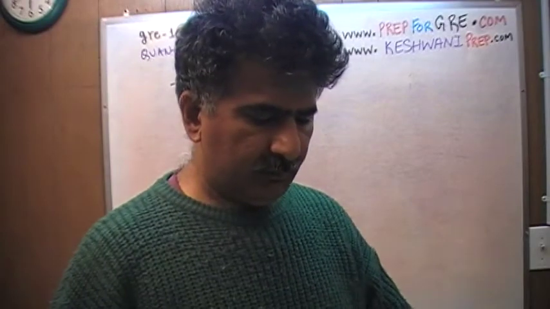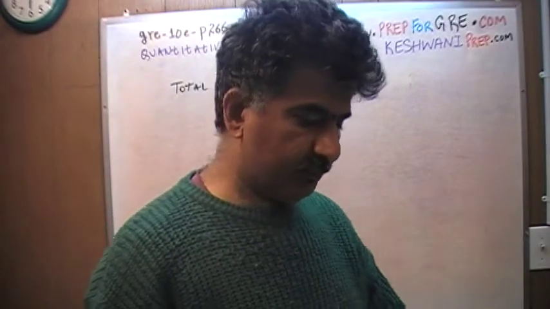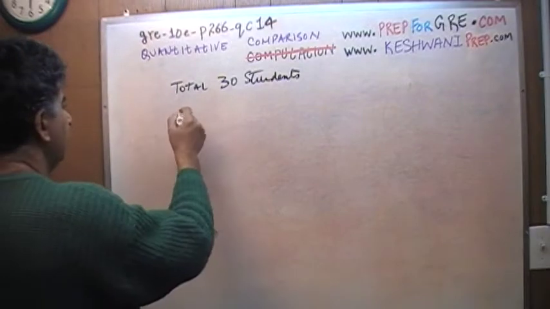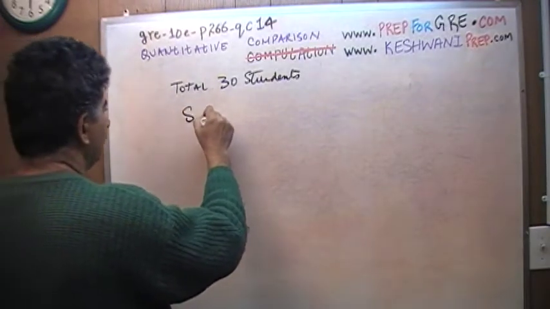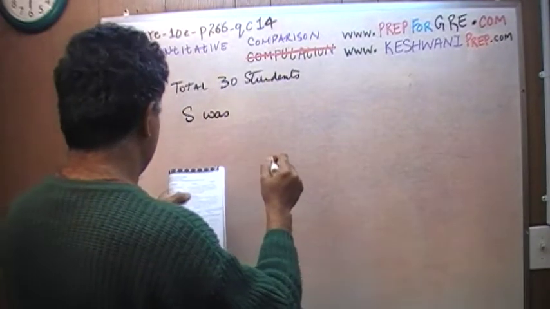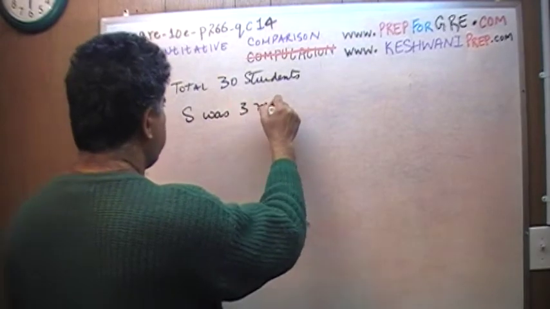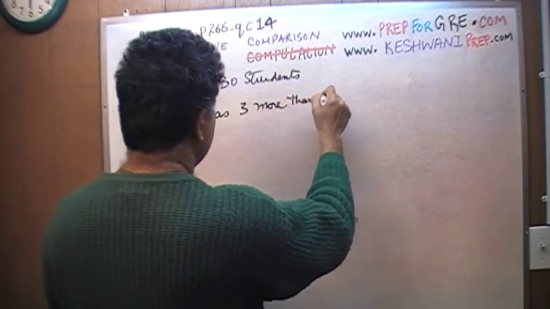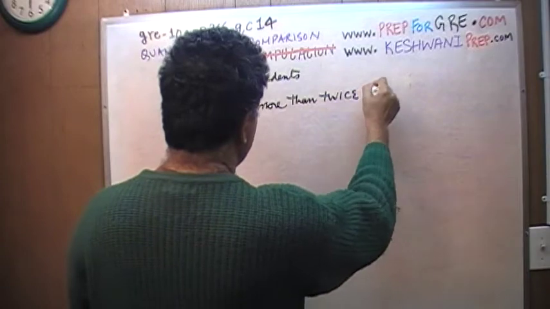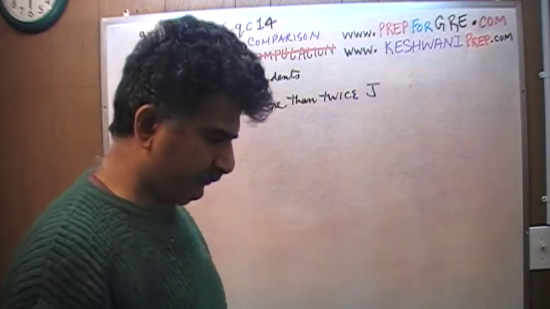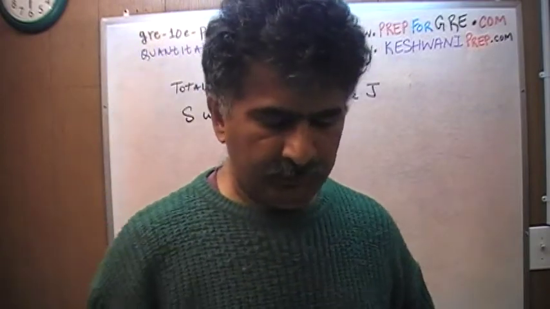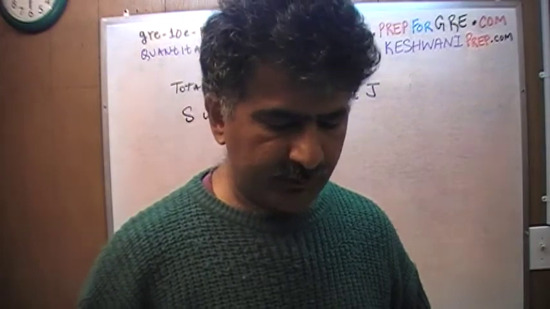The number of seniors was 3 more than twice the number of juniors. So there you go. Now we're getting into the nitty-gritty. Number of seniors was 3 more than twice juniors. And then I'm also told that 3/10 of the students were neither juniors nor seniors.